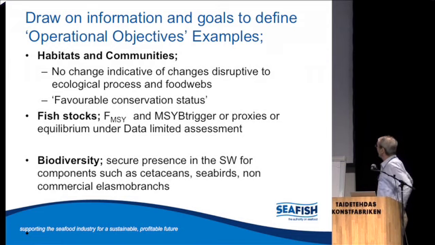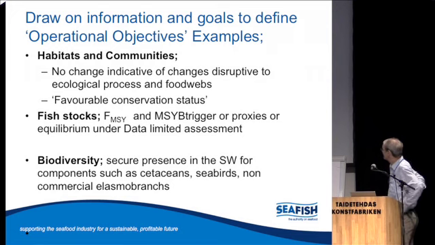So examples of operational objectives that we thought we'd use, based on those initial goals. For habitat communities, perhaps no disruption in the basic ecological processes or food webs. Favourable conservation status, I think that comes from the SAC legislation, the Special Area of Conservation legislation.